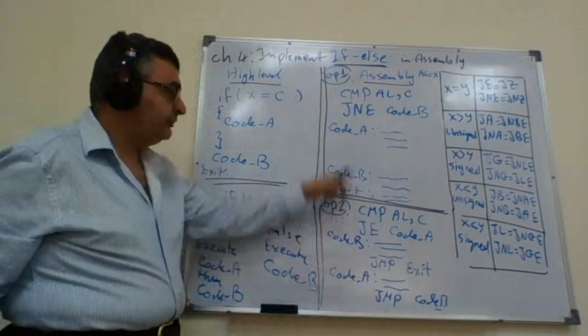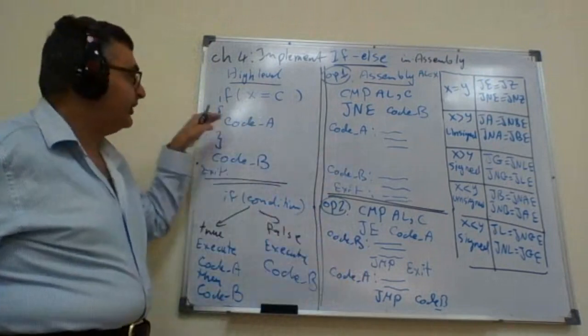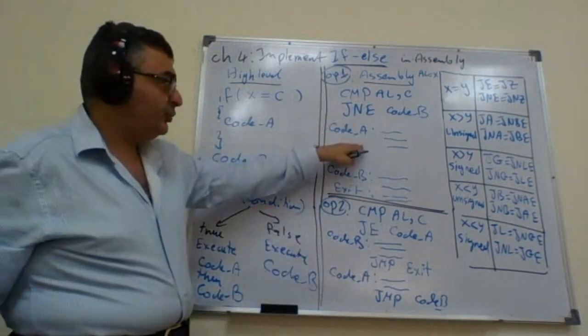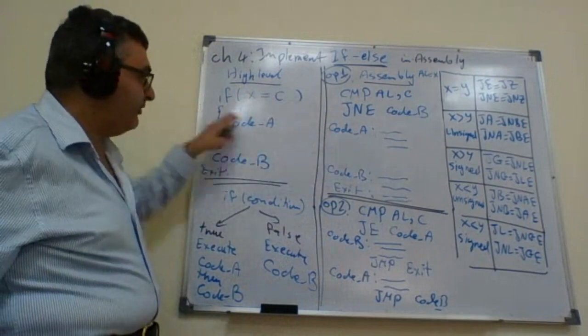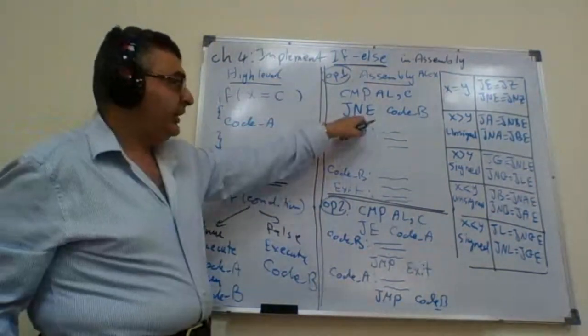So these are two different implementations for the if statements. Either do it with the same sequence of code as the high level language, but you have to negate the logic.